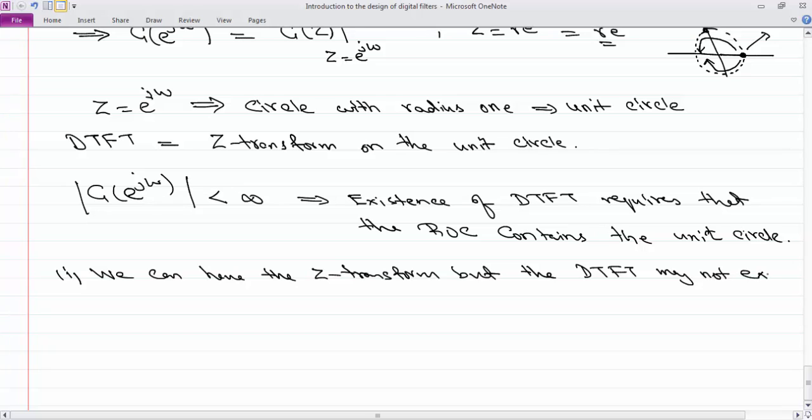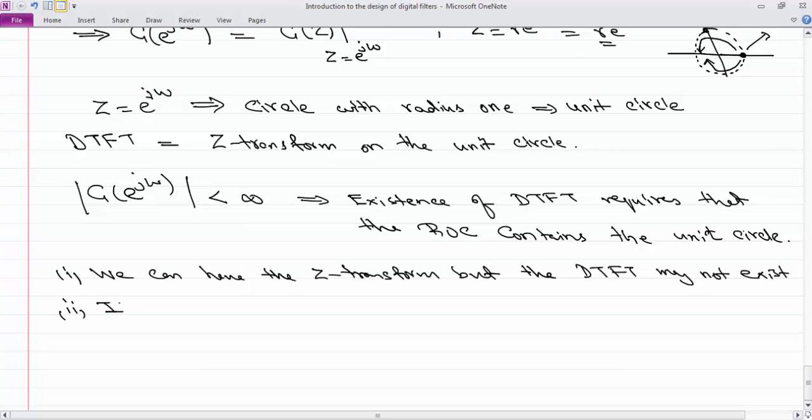That is why it's just like the relationship between Laplace transform and continuous time Fourier transform. If you remember, continuous time Fourier transform may not exist, but Laplace transform almost always exists. So it's the same relationship. Z transform almost always exists, but DTFT may not exist. Now, when will the DTFT exist?